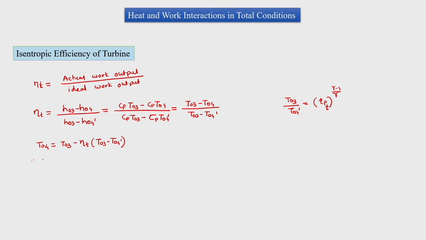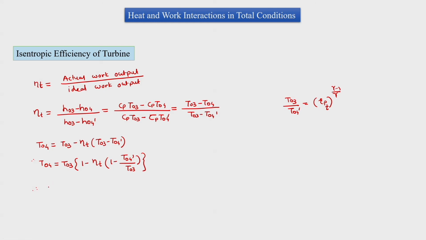So, let us take T03 common. We have T04 is equal to T03 into 1 minus turbine efficiency into 1 minus T04 dash upon T03.